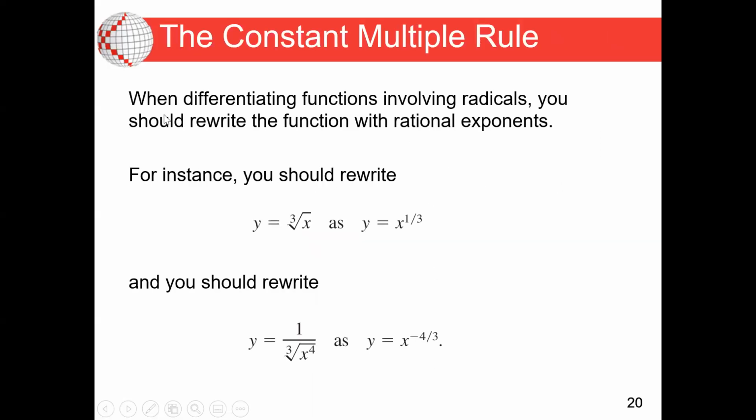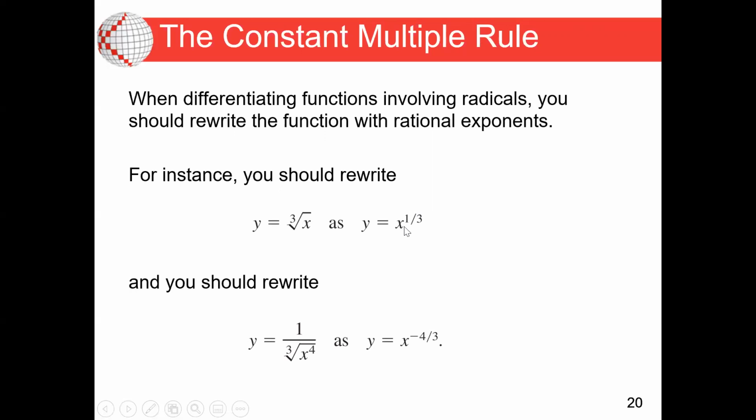Now here we said when differentiating functions that involve radicals, you should rewrite the function with rational exponents. And I think we mentioned this earlier. So for example, y equal to, this means cube root of x. We know cube root means the exponent will be 1/3.